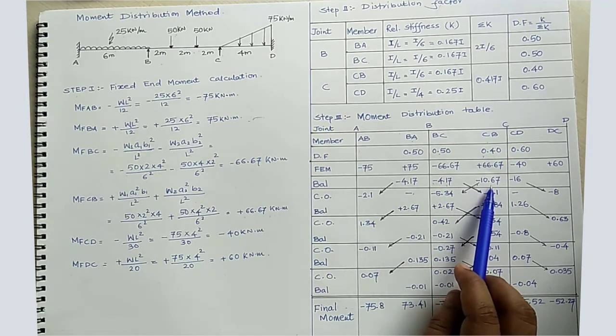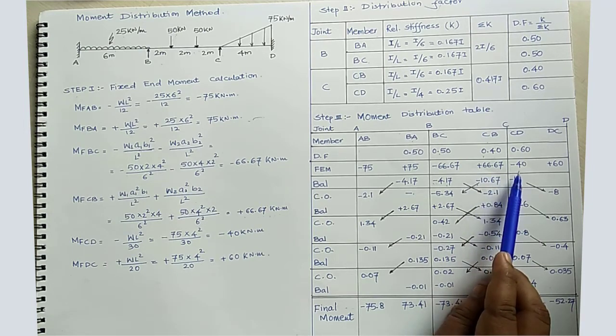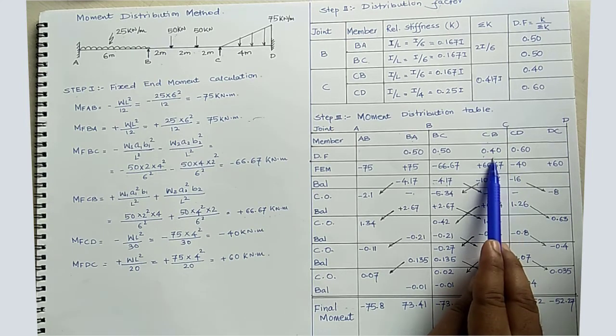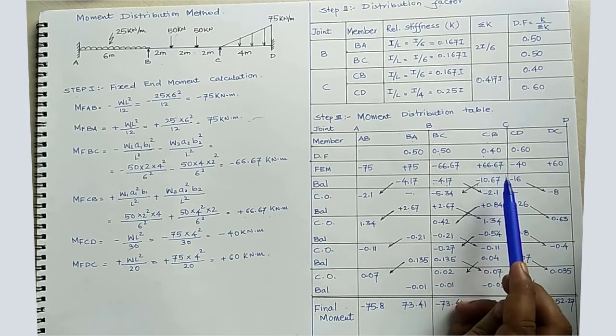Now similarly we have to go for the balancing of joint C. So for joint C there are two members, CB having the moment 66.67 and CD having the moment minus 40. If you sum up these values, whatever value we get is the unbalanced moment. We have to balance that moment by multiplying by the distribution factors of CB and CD respectively, and we have to write that value with the opposite sign below this line.